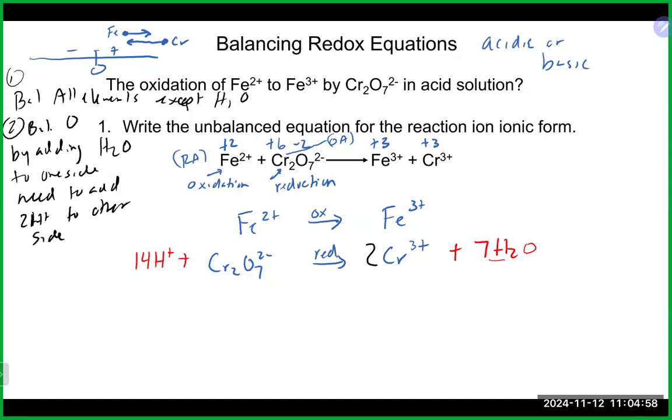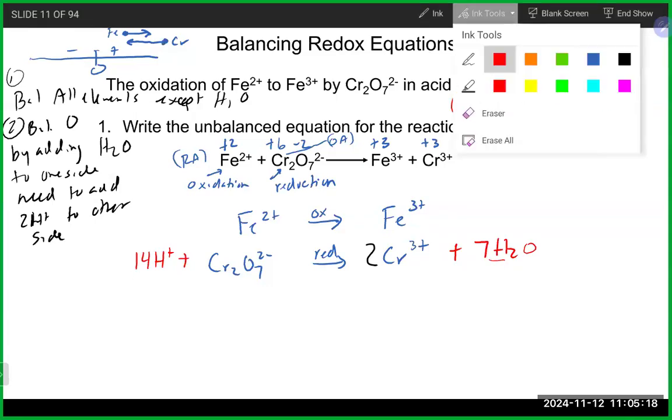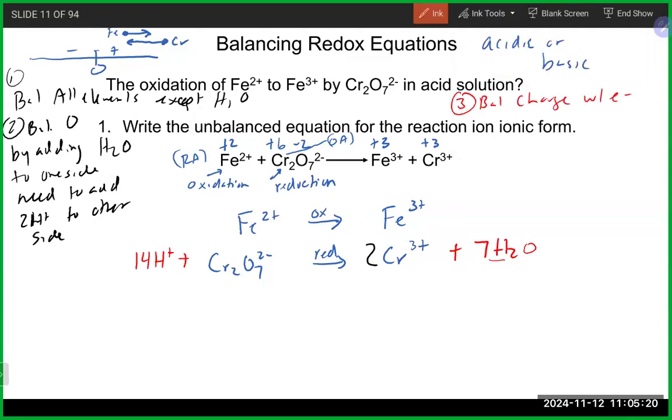Once you do this, the next thing we're going to do is balance out the charge with electrons. And the way that we're going to balance out the charge in each half reaction is we want the overall charge on each side of the arrow in each half reaction to be the same.